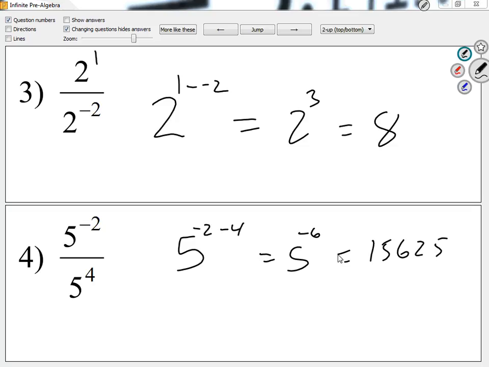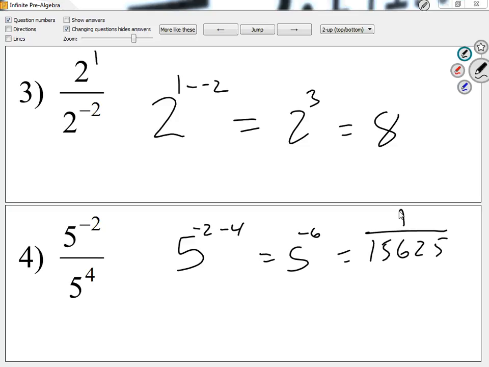Because it's a negative sign, I'm going to make this a fraction. I'm going to put a 1 on top, and my answer is going to go to the bottom of the fraction because it's a negative exponent. That's the other rule. Negative exponents, all they do is make it into a fraction and put the answer at the bottom.